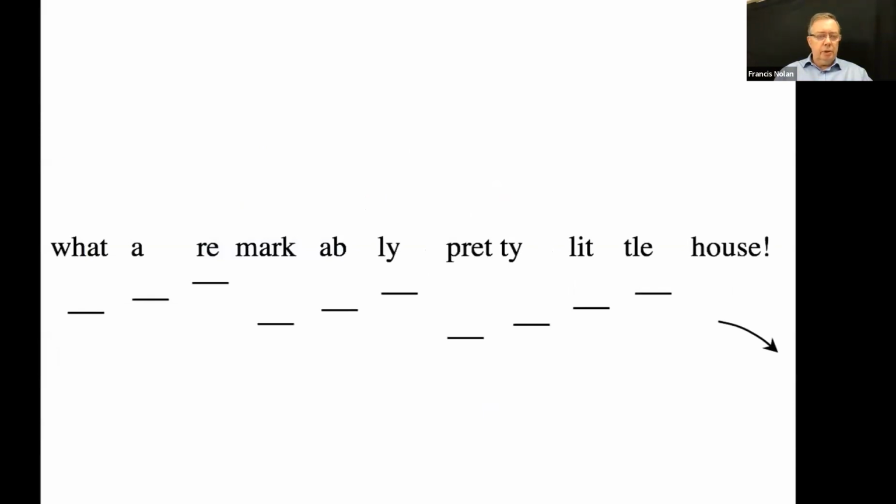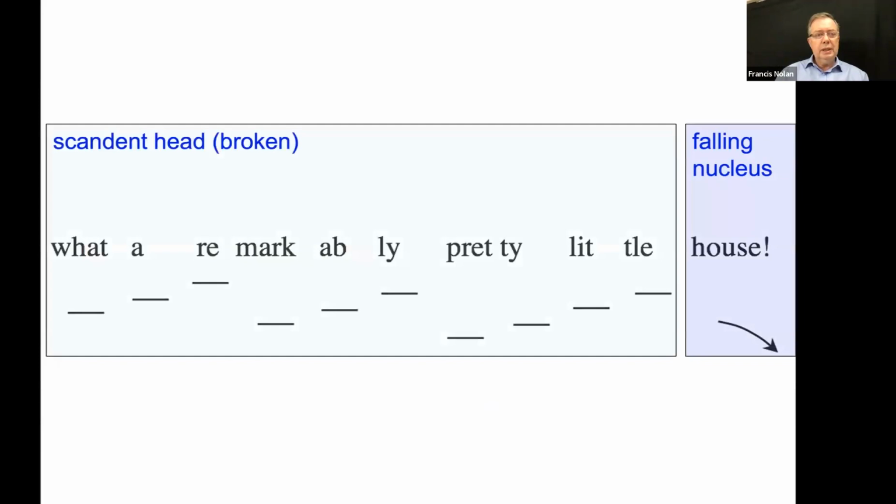And he had notations like this. So this utterance is presumably something like, "What a remarkably pretty little house." So he's using straight lines, not dots, except for the dynamic pitch movement of the nucleus. And so this would be a falling nucleus.